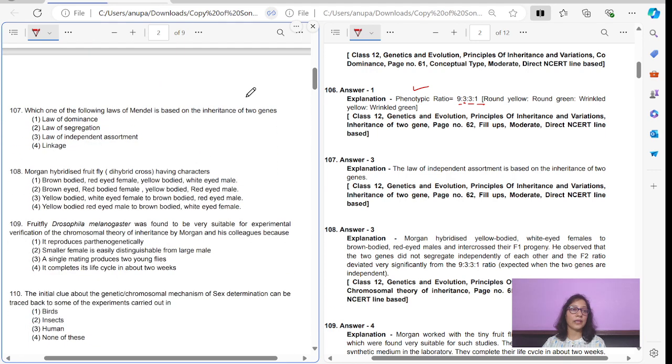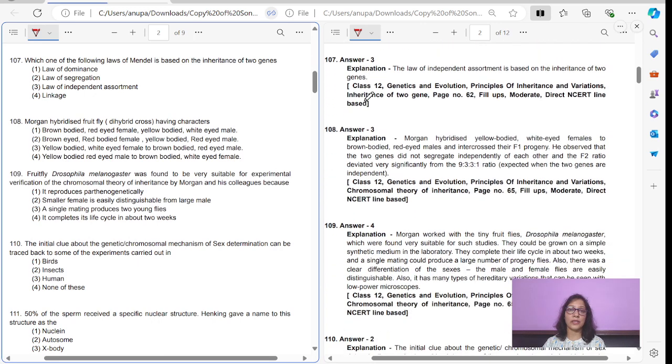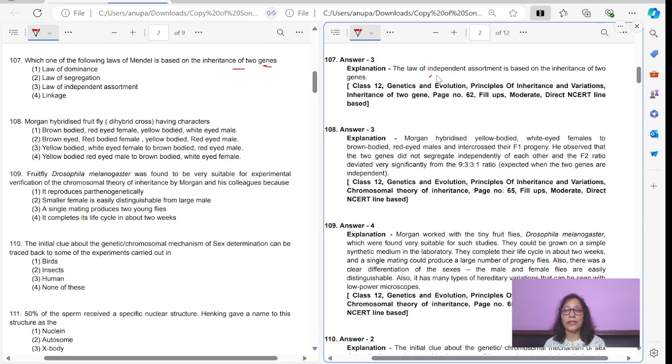Now let's move to the next question, that is question number 107. It says: which one of the following laws of Mendel is based on the inheritance of two genes? We have to find out which law was based on the inheritance of two genes. So, the law of independent assortment was based on the inheritance of two genes.